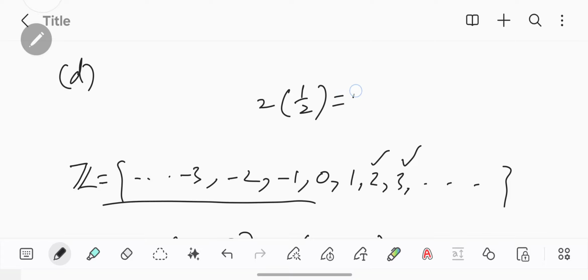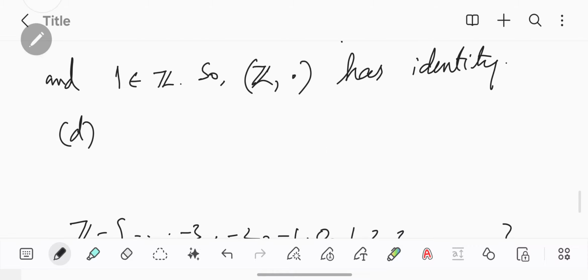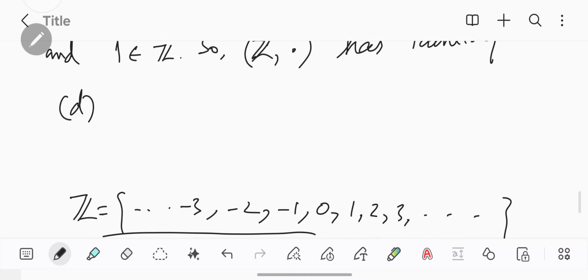Because if you multiply them, you will get 1. Similarly, the inverse of negative 2 is 1 by negative 2. If you multiply them, you will get 1. So, no element has an inverse except minus 1 and 1. It is enough to find only one element, but here many elements don't have an inverse.